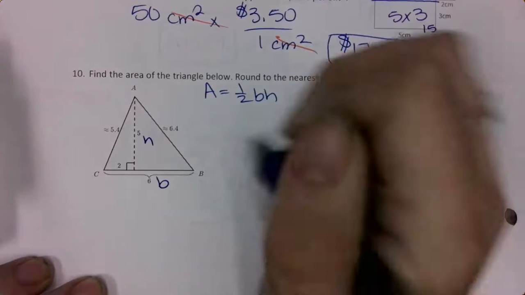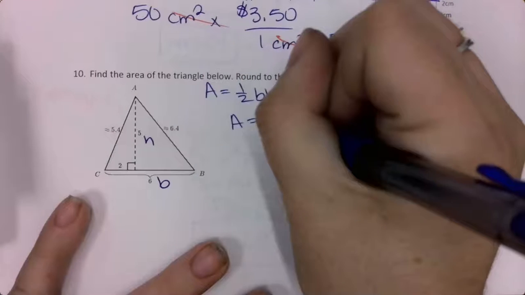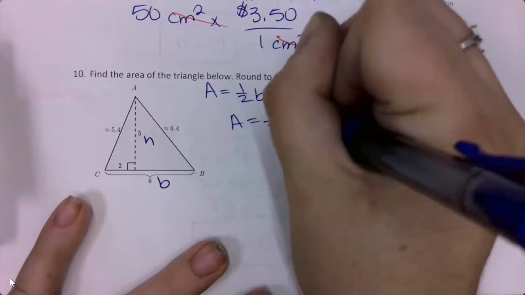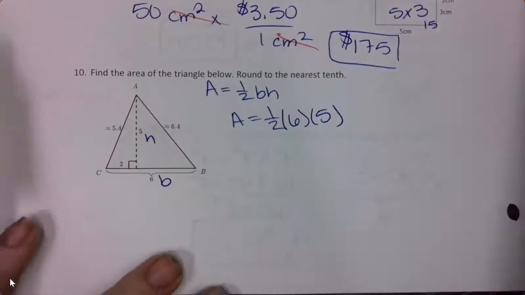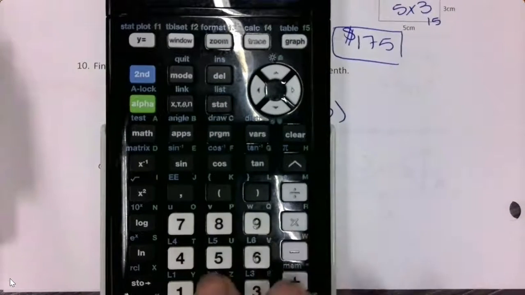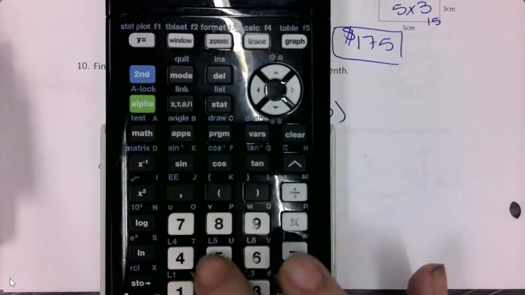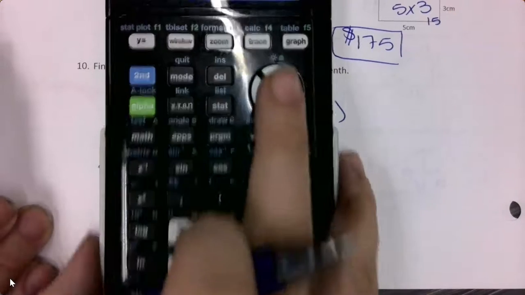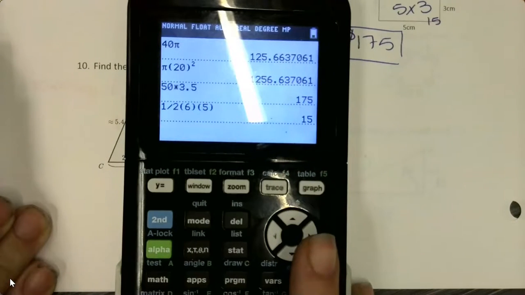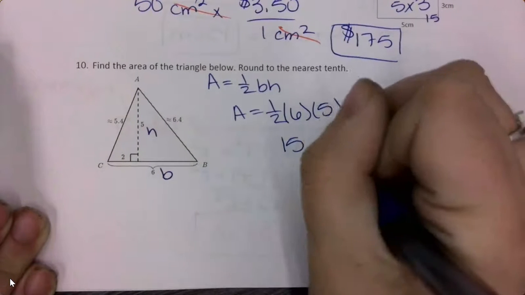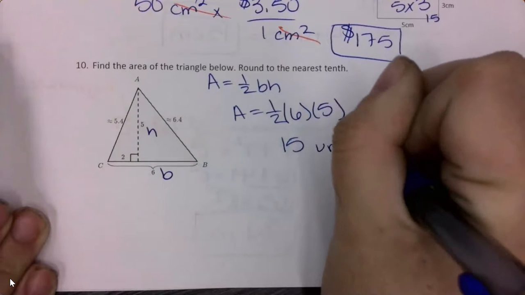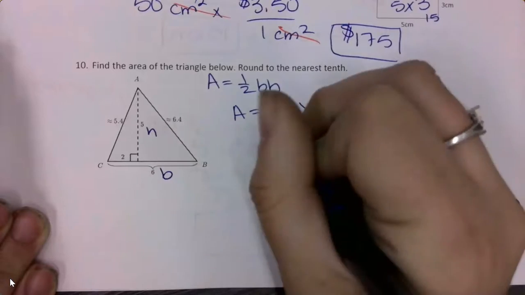So I'm going to have 1/2, my base, which was 6, my height, which was 5. And then I can just type this straight into the calculator. So I'm going to do 1/2, parentheses 6, parentheses 5, which gets me 15. So my answer here is 15 units squared.